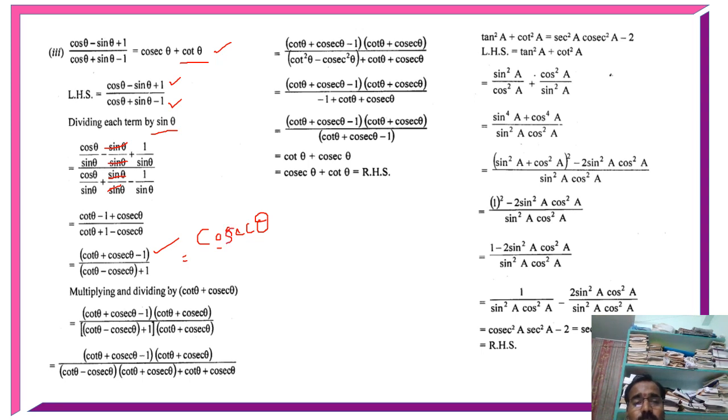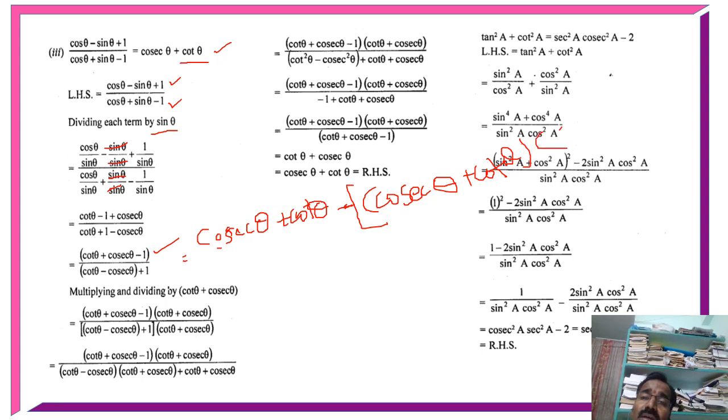The numerator is of the form a square minus b square, which is a plus b into a minus b, so we write cosecant theta plus cot theta into cosecant theta minus cot theta within the square bracket.